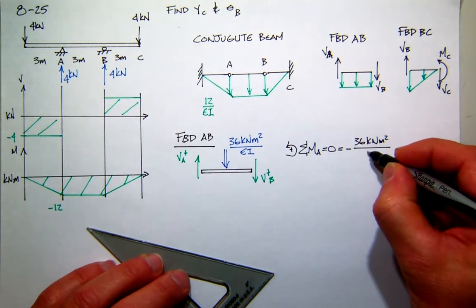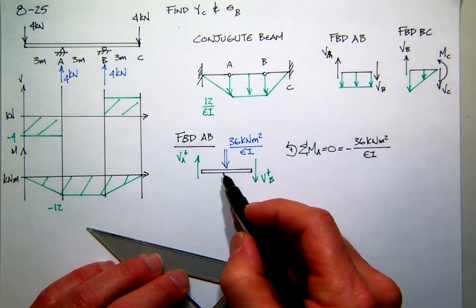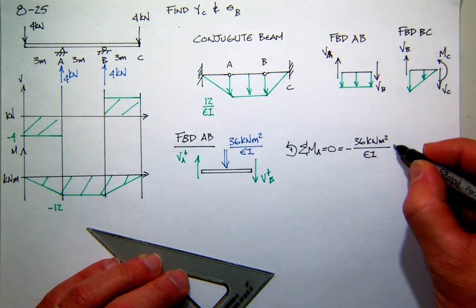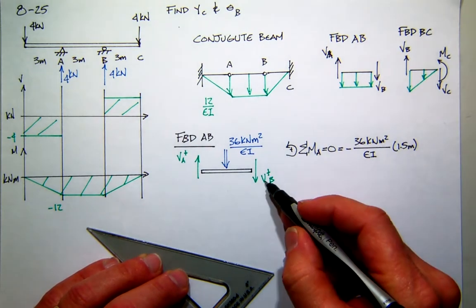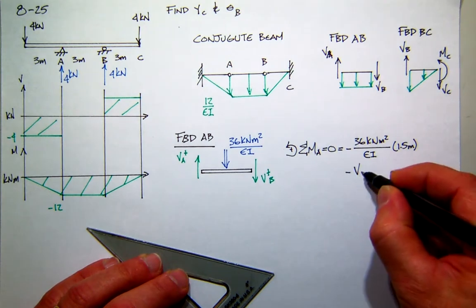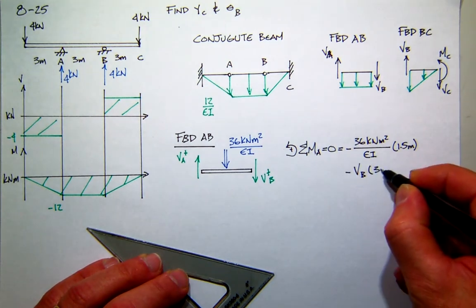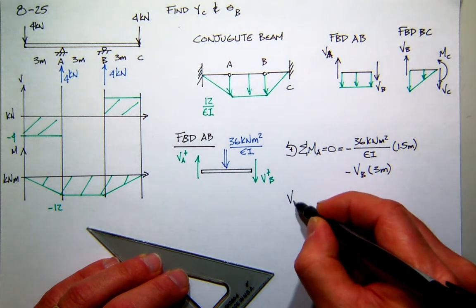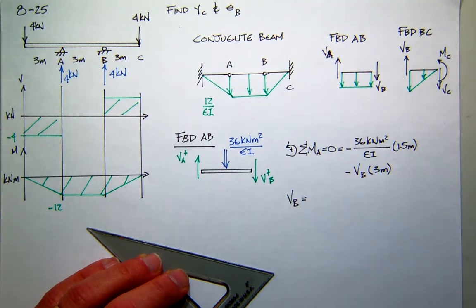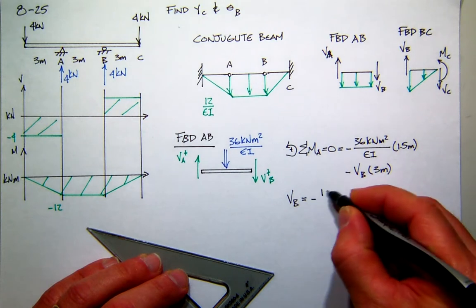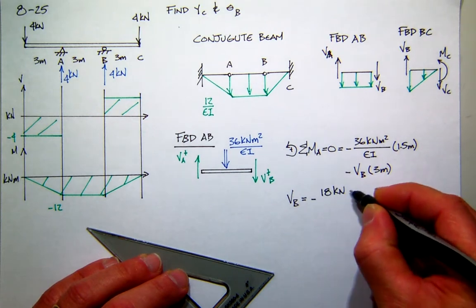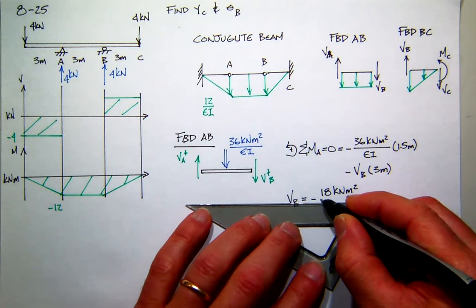That's the force. What's the moment arm from A to the centroid? 1.5. And then I have the shear at B, which is also negative, and it has a moment arm of 3. So what is the shear at B? Looks like it's going to be 18? Yeah. Negative 18. So I got negative 18 kilonewton meters squared over EI.